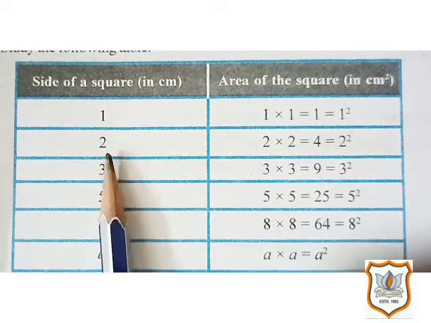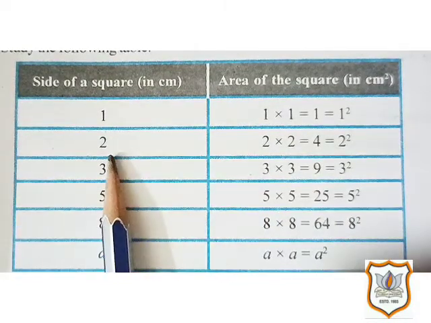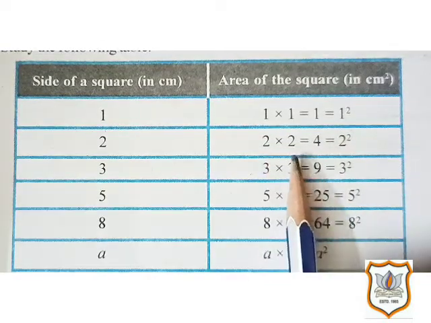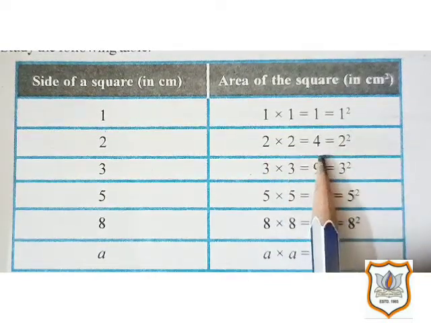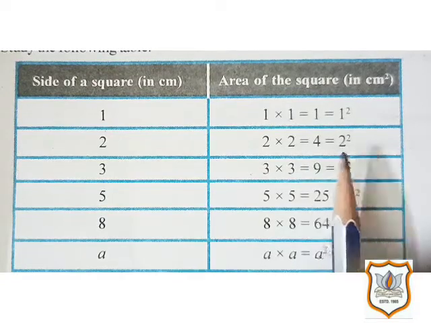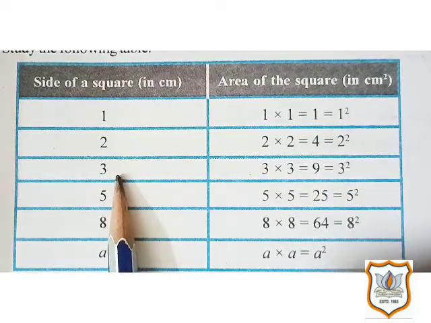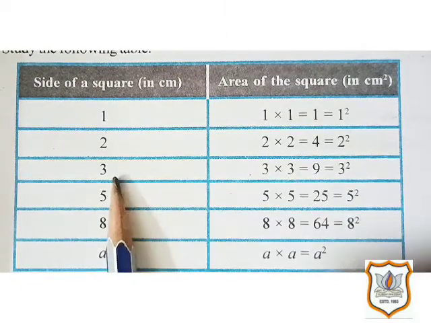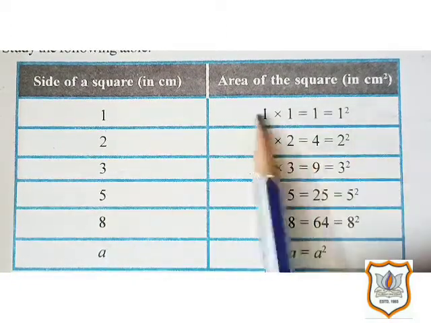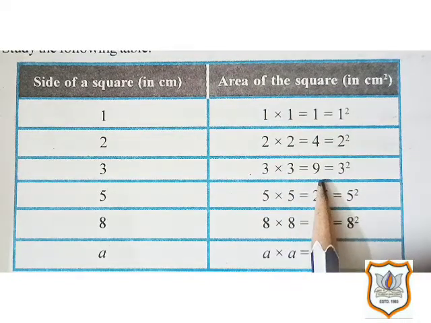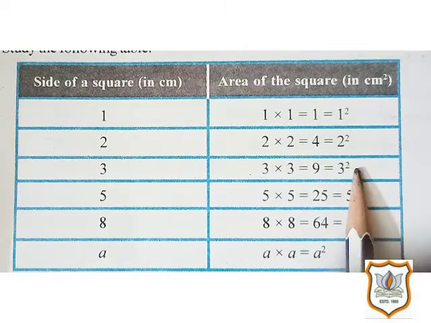Next, if the side of a square is 2 centimeters, then the area of the square will be 2 multiplied by 2, which is equal to 4, and we can write 4 as 2 square. Same, if the side of a square is 3 centimeters, then the area of the square is 3 multiplied by 3, which is equal to 9, and we can write 9 as 3 square.